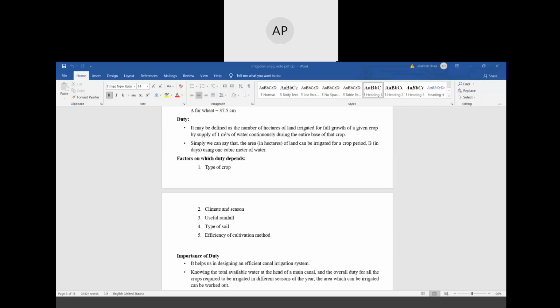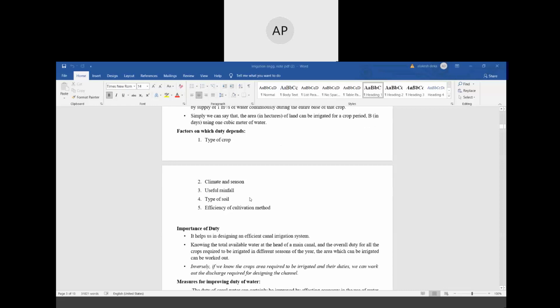So there are some factors which affect delta, and these are type of crops, climate and season, useful rainfall, type of soil, efficiency of cultivation method. So these are the factors which duty depends on.